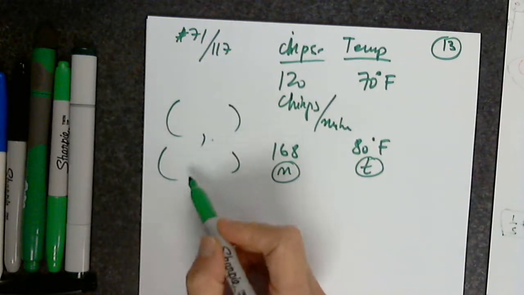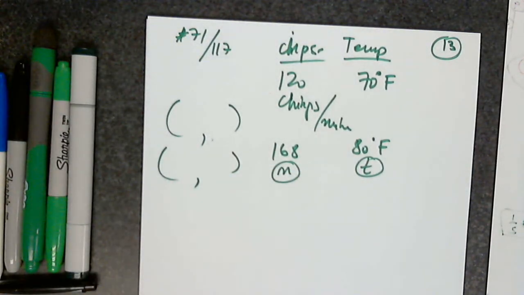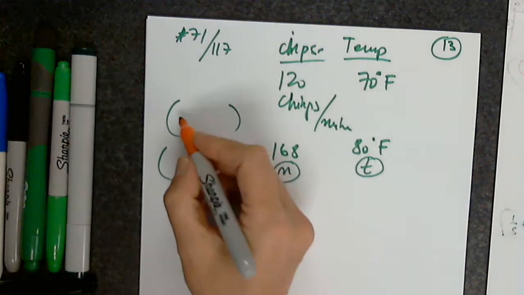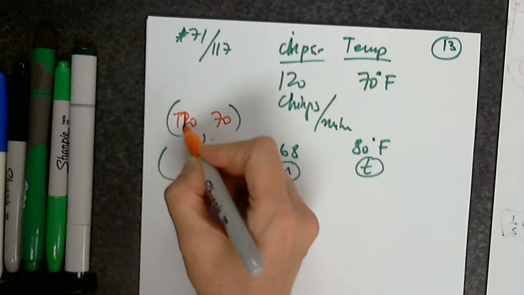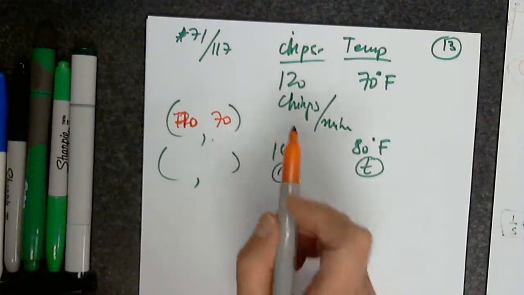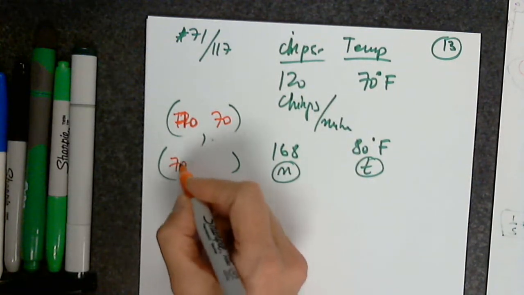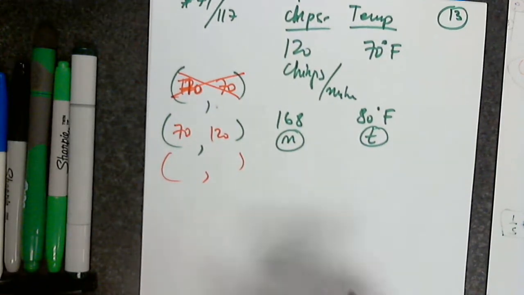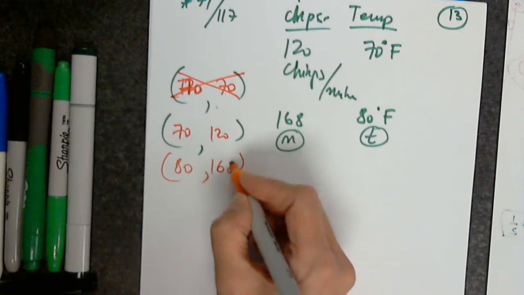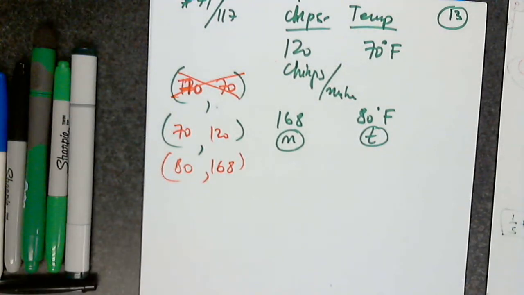This is crucial. So 70 and 120. They specifically gave us this. And what is the other one? Exactly. That's exactly why they put the number of chirps first in the problem. Good.